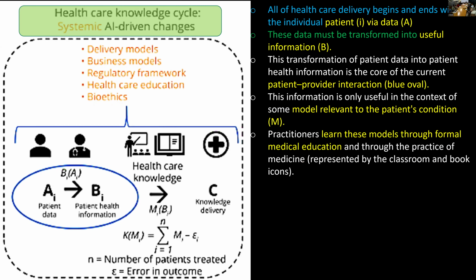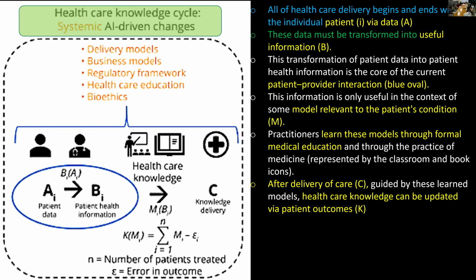Then the practitioner knows about this through education. So how does a doctor know how to take care of a diabetes patient? You are trained in classes, you go online, you learn something. That is the training part of healthcare knowledge, from both the patient and online classes. So care of the patient is called C.